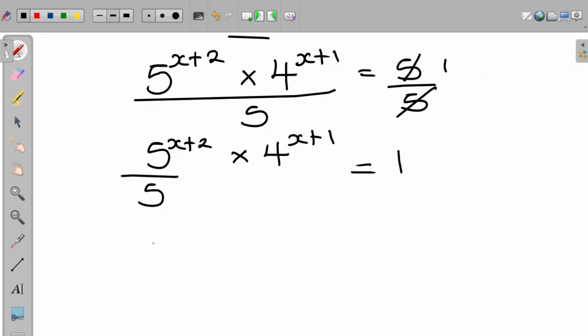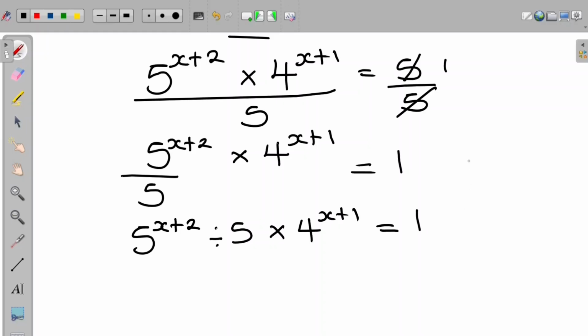So at this point, we have 5 raised to the power of x plus 2 divided by 5 multiplied by 4 raised to the power of x plus 1 is equal to 1.